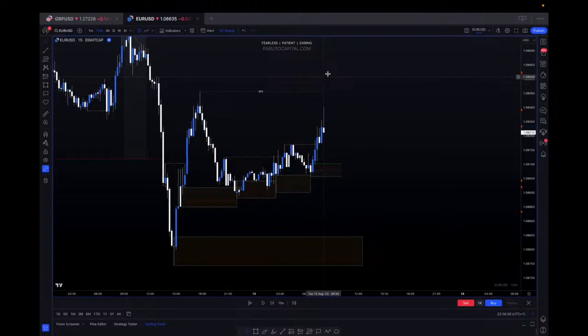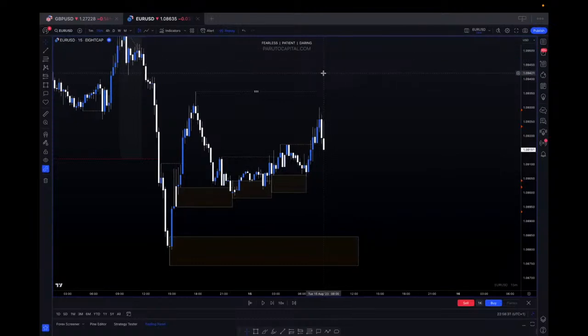So let's play this out. Okay, sure, take this out. Price is returning, as you can see clearly. Now if we look at all of this pullback here, this is about how many pips? About 14.